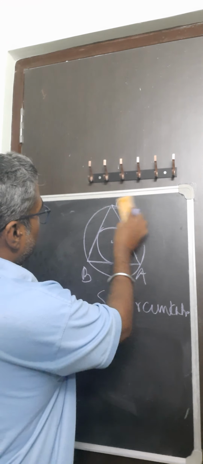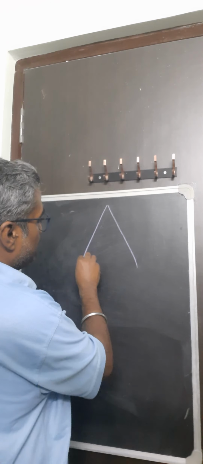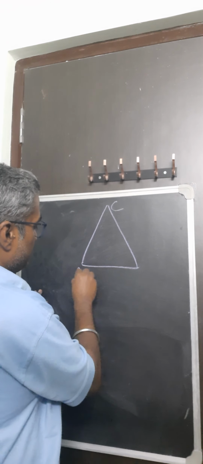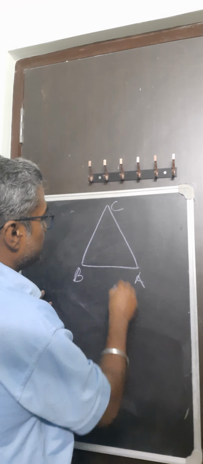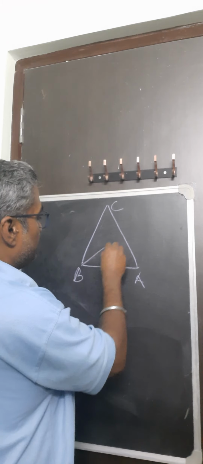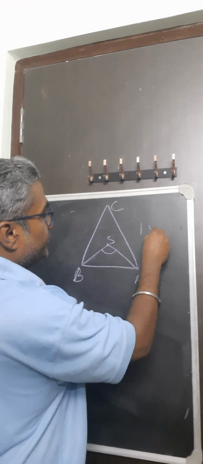Now coming to the solution, coming to the sum, it says this is a triangle where C is a vertex, B is another vertex, A is another vertex, and S is the circumcenter, then the angle formed here at S is 150 degrees.